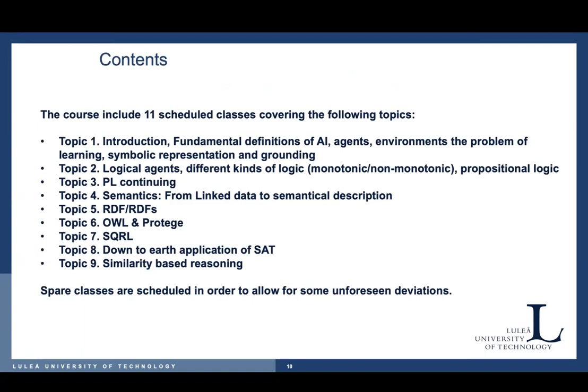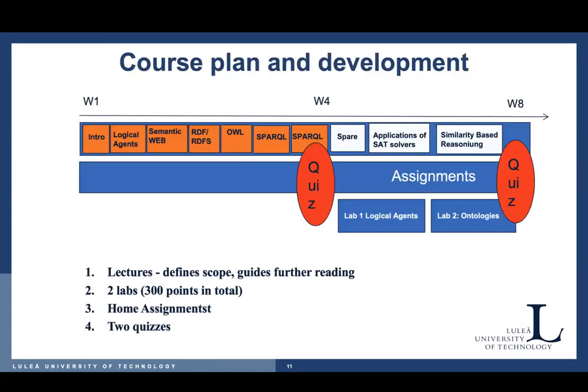Here is the content, or maybe let me switch to this graphical representation over here. So thematically, this course contains 2 parts. First of all, this course is a basic level course. So it's supposed to give you an overview of some of the main technologies.